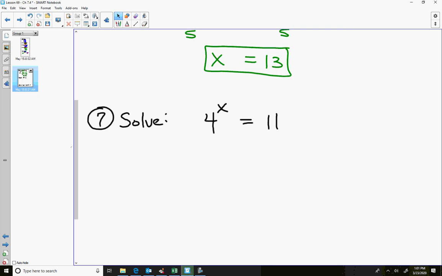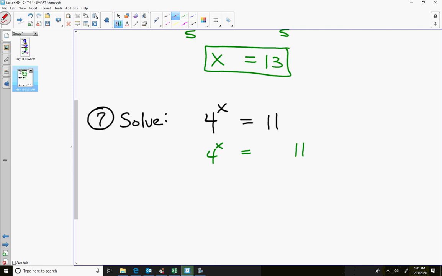But when you are stuck in one form, change it to the other form. So again, if you prefer to do the conversions, do the conversions. I tend to do the algebra at this point. So to demonstrate the algebra, I'm just going to rewrite this: 4 to the power of x equals 11.